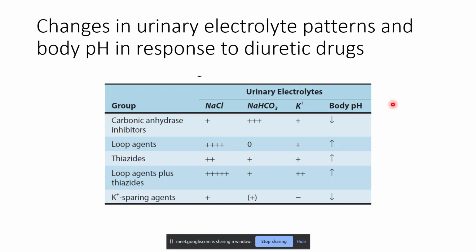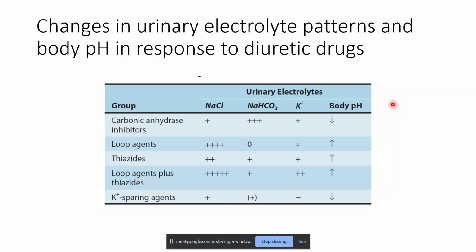The first disease group treated with diuretics is edematous states, and this is the most common reason for diuretic prescription. It usually includes peripheral and pulmonary edema. Pulmonary edema is particularly dangerous because it can result in death. Usually the edema is the result of congestive heart failure or renal or vascular disease.